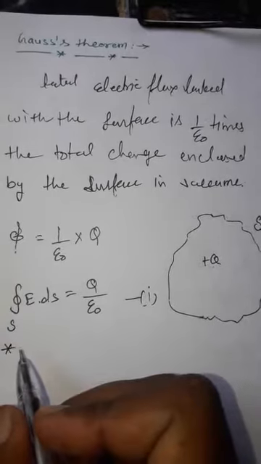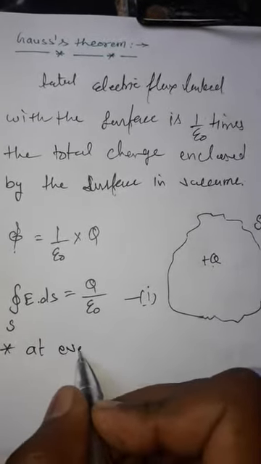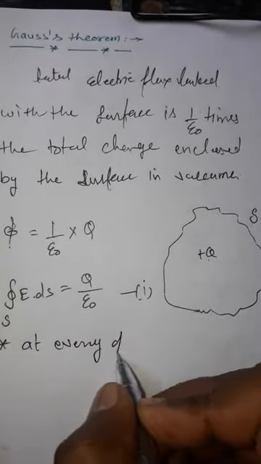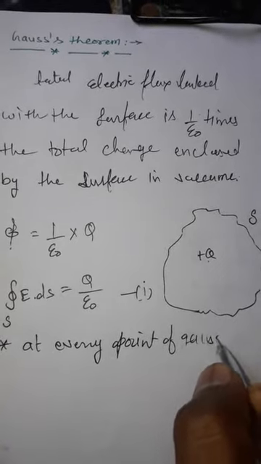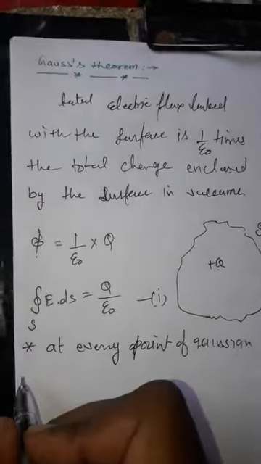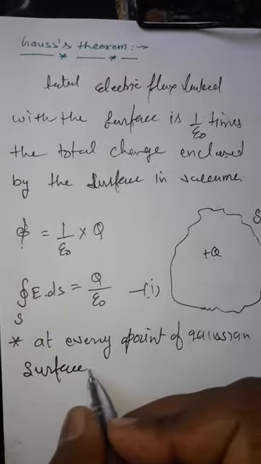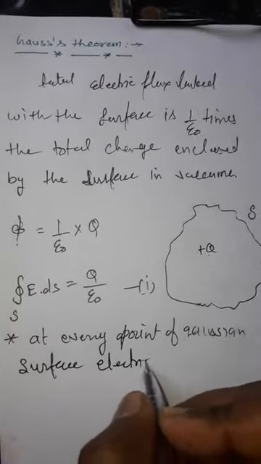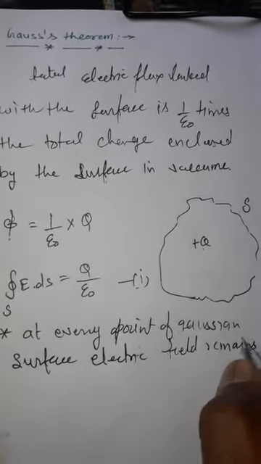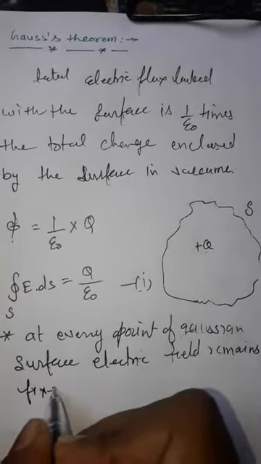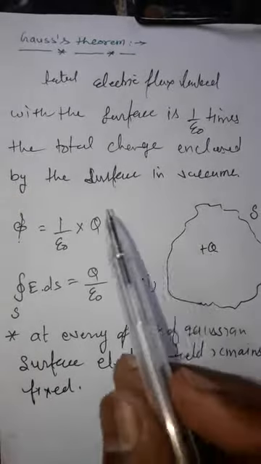The important characteristic of a Gaussian surface is that at every point of the Gaussian surface, the electric field remains fixed. So this is all about the Gauss theorem.